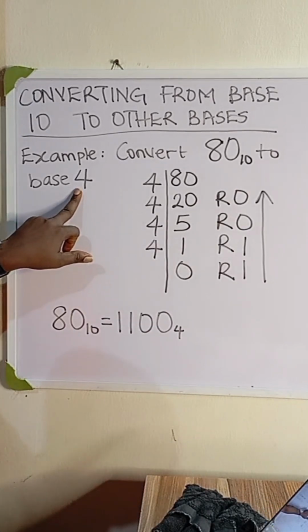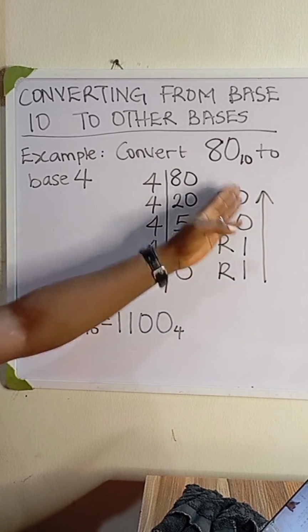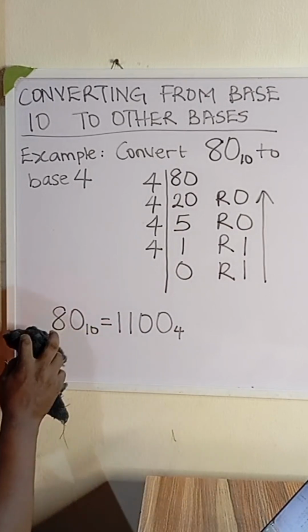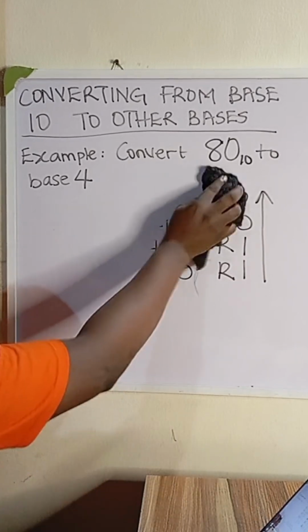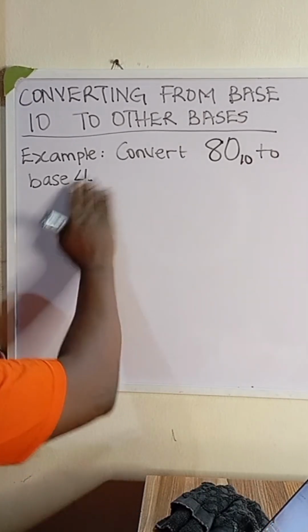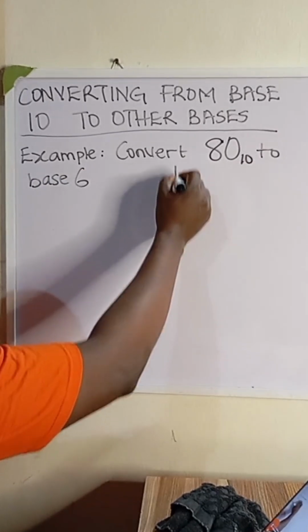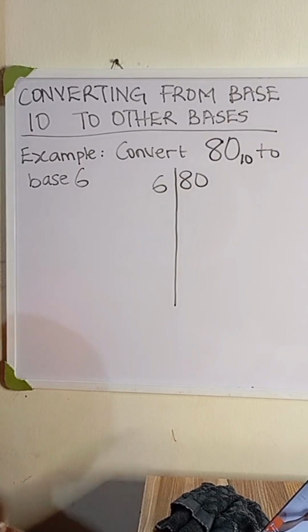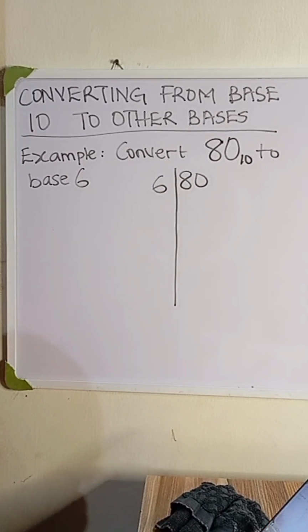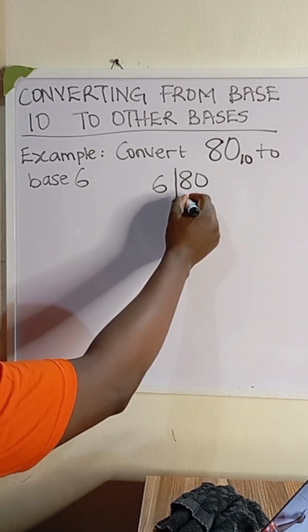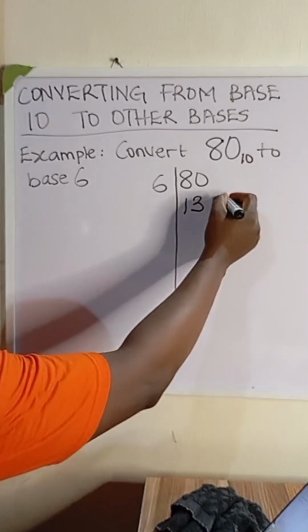Let's convert 80 to base 6. So let's see if we're going to get the same answer here or something different. So we have base 6, 80. 80 divided by 6, what do we have? You have 13, remainder 2.